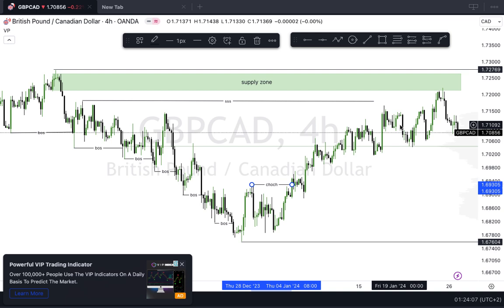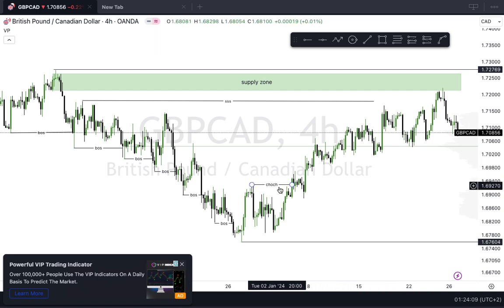That's where the market started indicating to us that it's about to change direction, you understand? So after we spotted our change of character, we need to look for a demand zone below here, an untested demand zone. We have a demand zone which is this bearish candlestick, the last bearish candlestick before this push to the upside, right?